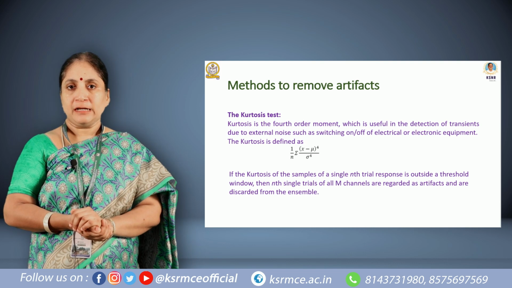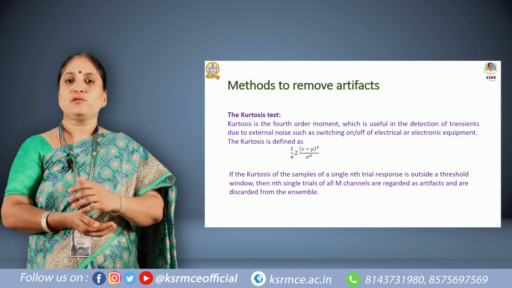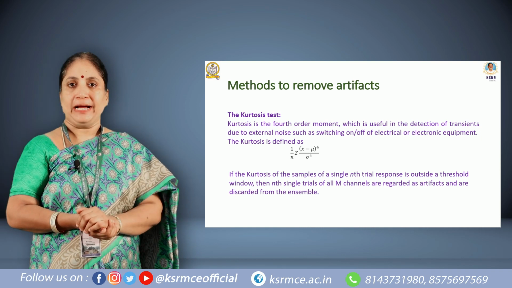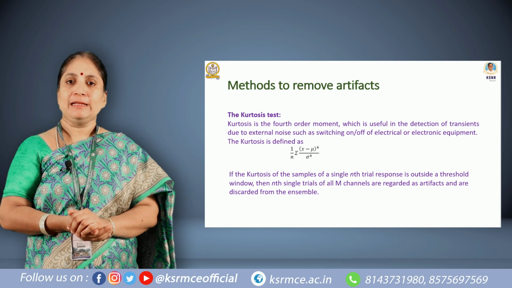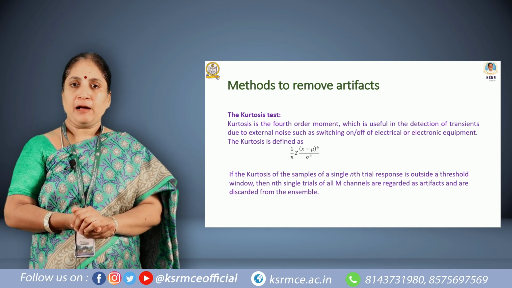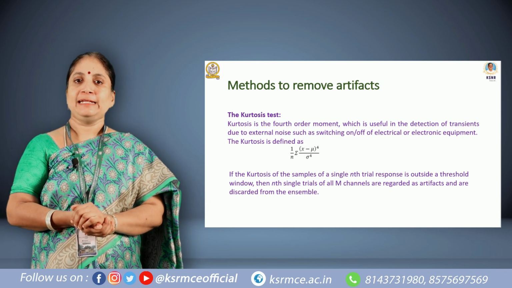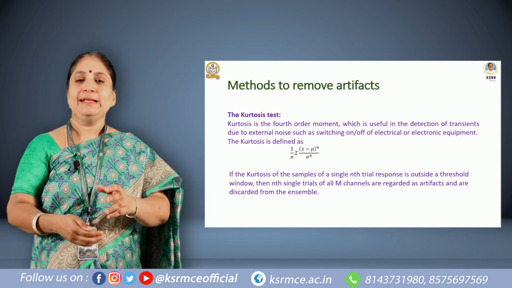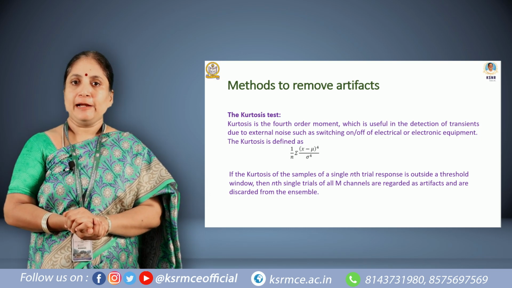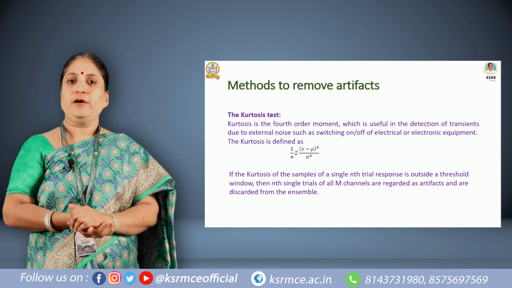If an artifact occurs in any evoked potential, it is going to have a higher kurtosis value. So, we calculate the kurtosis of all the signals, and all the kurtosis values are compared with a threshold window. If any signal has a kurtosis outside this threshold window, it is considered an artifact, and all the signals in the corresponding trial are removed from further processing.